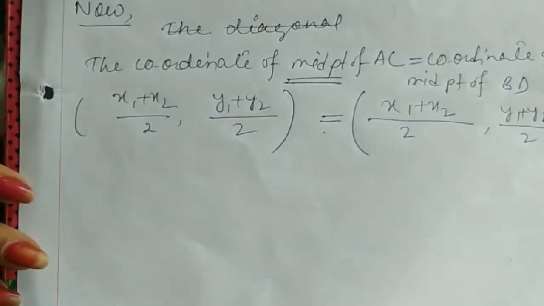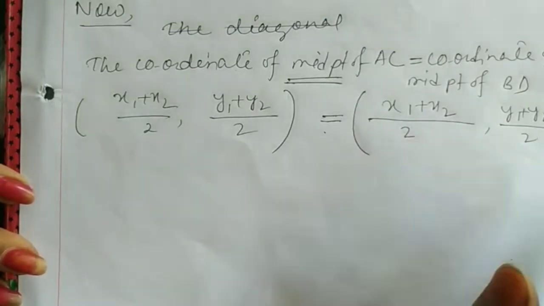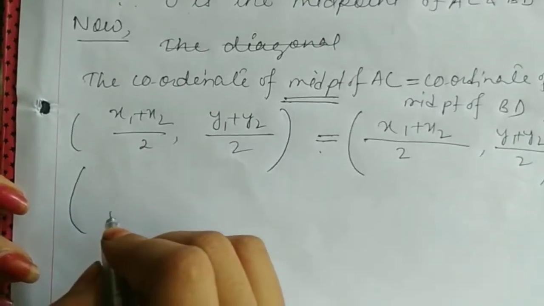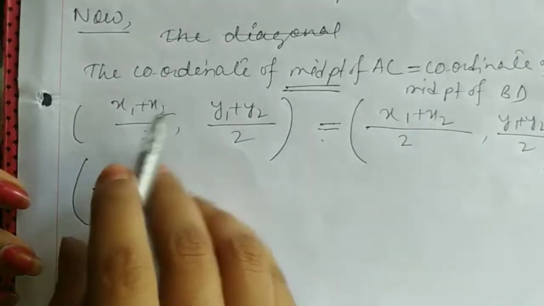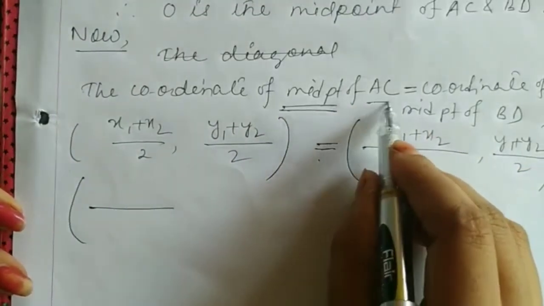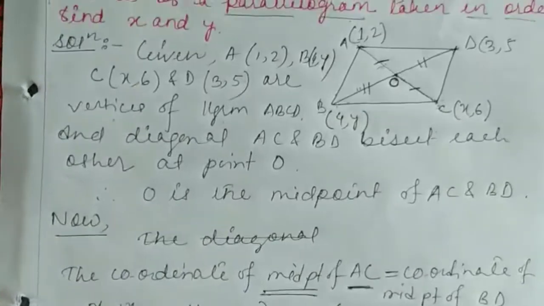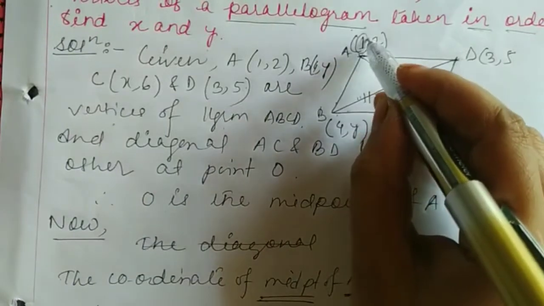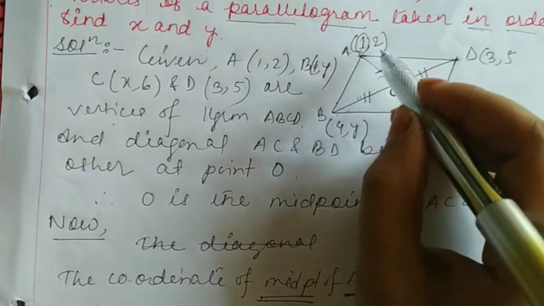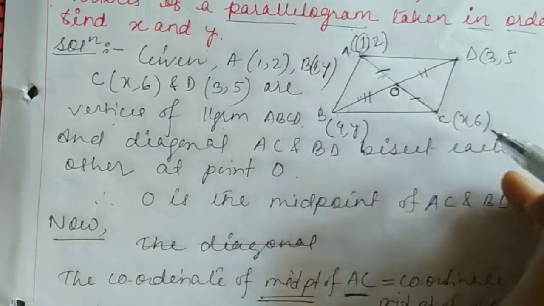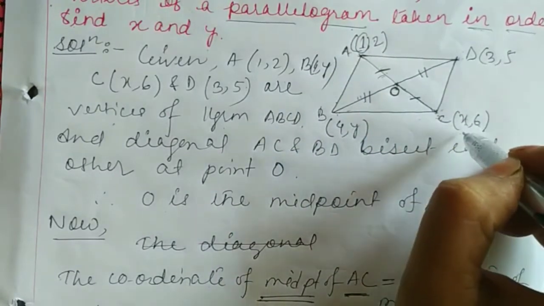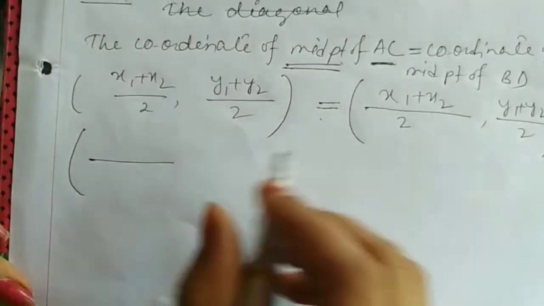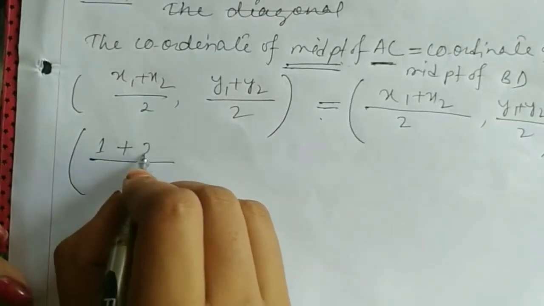Okay, so now we will put the values in place of x1, y1. No problem. In case of AC, taking points A and C, x1 is 1, y1 is 2, x2 is x and y2 is 6. So we put the values: in place of x1 we put 1, and x2 is x, divided by 2.